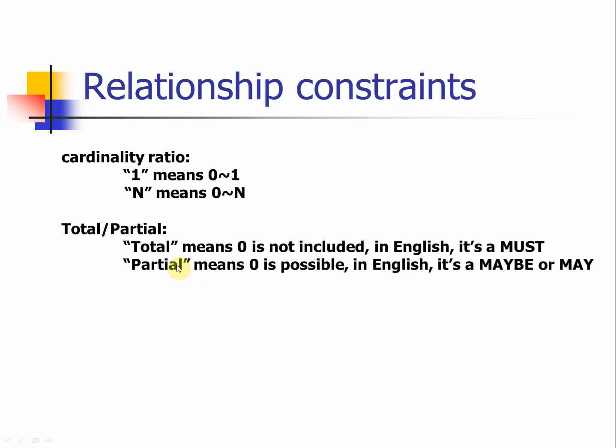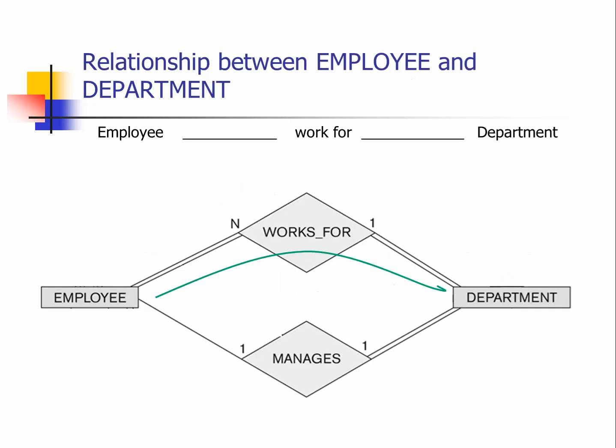If you put a partial, that means 0 can exist. That gives you the idea of the English word maybe, or may have 1 participation. So the 0 stands over there. It's a little bit confusing, so let me help you to understand it perfectly.